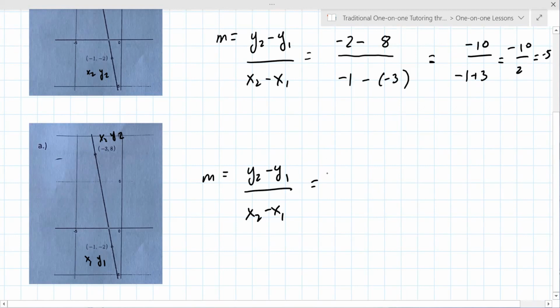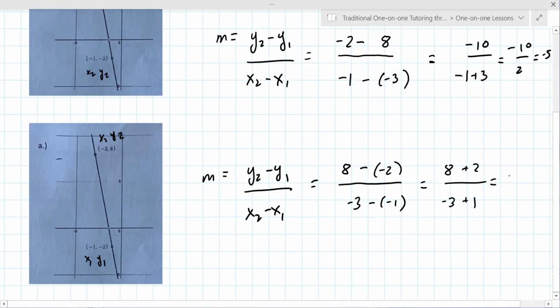So y2 is 8 minus y1, which is -2, over x2 is -3 minus -1. So up top, it really becomes 8 plus 2. And then the bottom, it's -3 plus 1. 10 over -2 is -5. Yes, and they are the same.